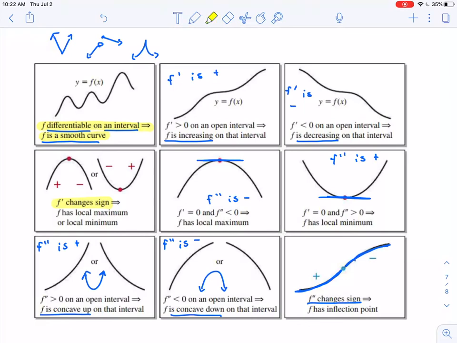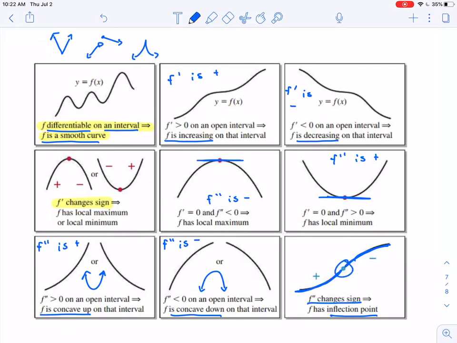That means that this point right here is called an inflection point. So anytime we change concavity, it doesn't matter whether we're changing from positive to negative or negative to positive. Any sort of sign change in your second derivative, so long as the function exists there, will be an inflection point. We're not going to distinguish between changing from negative to positive or positive to negative.